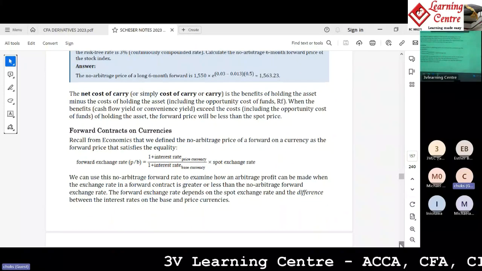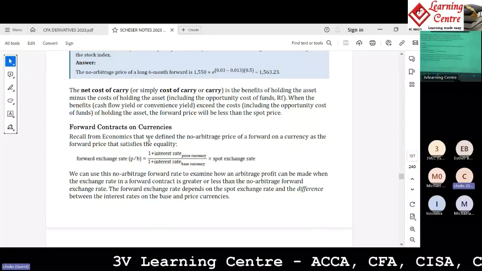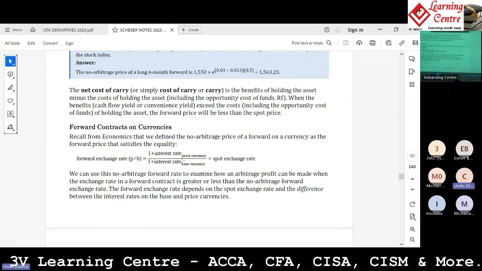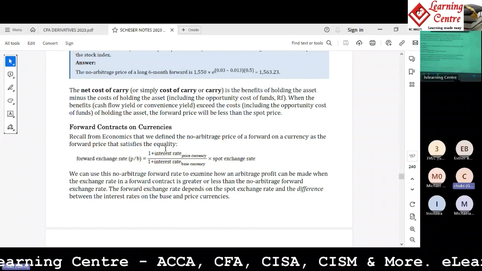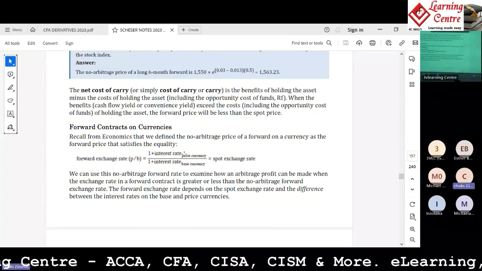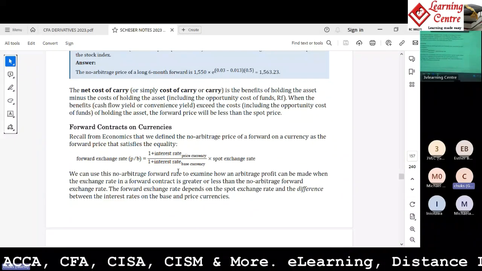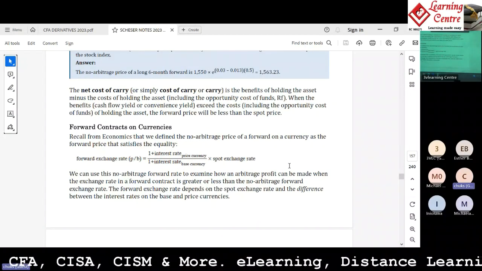Okay, so the next one is forward contracts on currencies. This one is very simple, which we will talk about in economics, but it's just a formula you need here, which is 1 plus interest rate of the price currency over 1 plus interest rate of the base currency times the spot exchange rate.